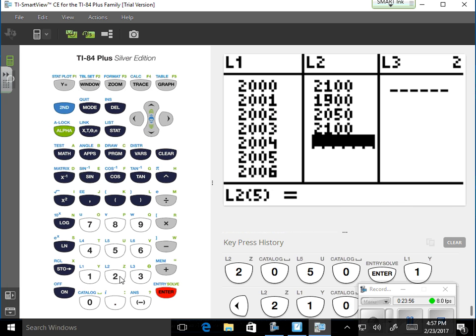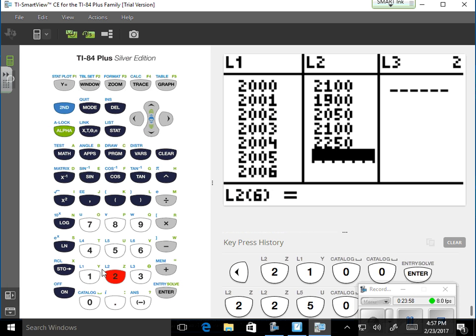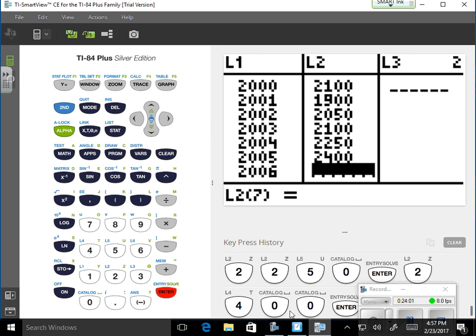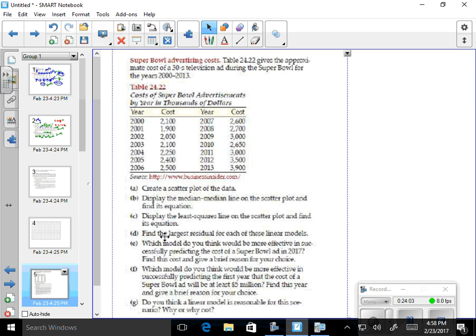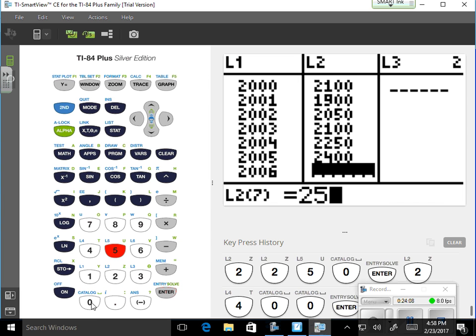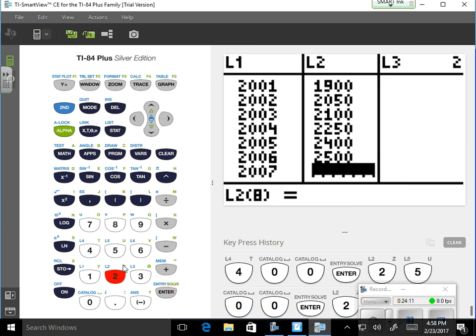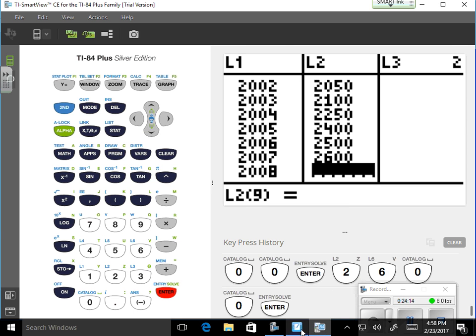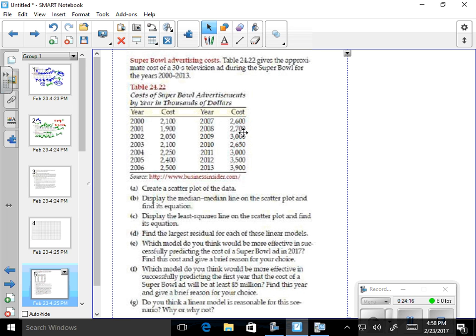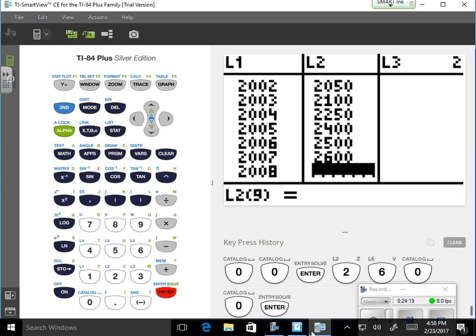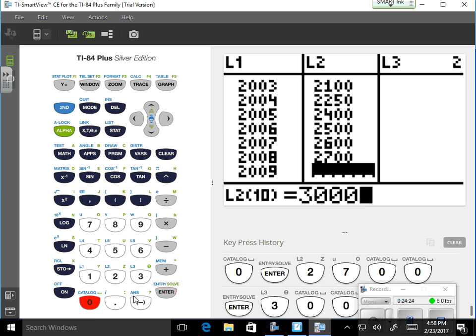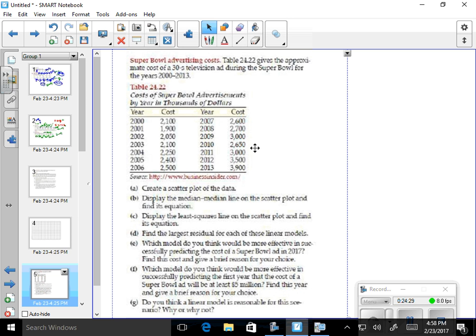$2,250, 2,400, $2,500, 2,600, $2,700, 3,000. It's kind of interesting why in 2010 it dropped back down to 2,650.